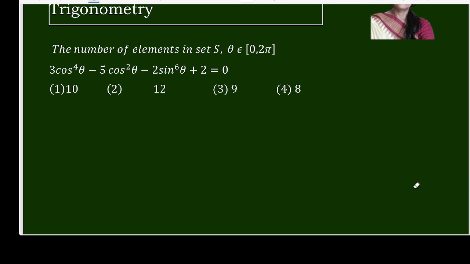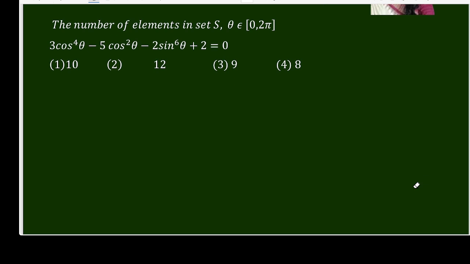So let's begin. Here you can see that two terms are in cos and one term is in sine. So first we'll convert this into sine and cos. We know that sin^6 theta can be written as (1 minus cos^2 theta) whole power 3.